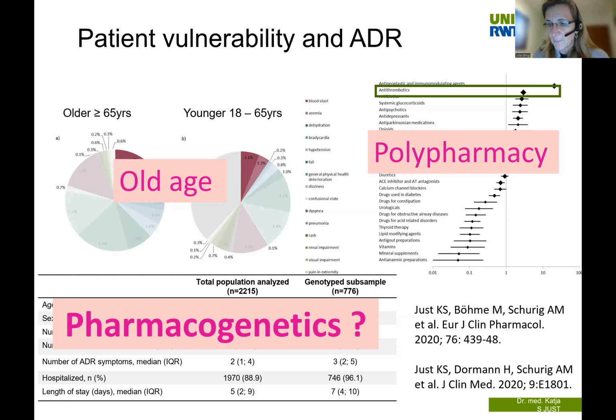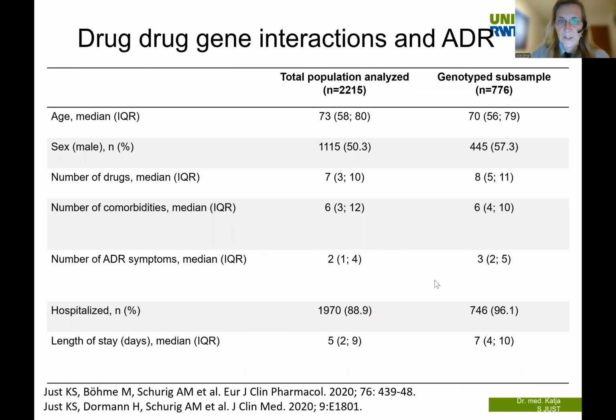So if you have, for example, a prescription pattern of several drugs that are metabolized via the same pathway, and the patient is also carrier of a pharmacogenetic variant, increasing or decreasing the activity of this metabolic pathway, then polypharmacy together with pharmacogenetics may be fatal or really causing severe side effects. And this is what is usually understood in the assessment of drug-drug gene interactions, how our genetics together with polypharmacy may react to a certain vulnerability phenotype in the patient.